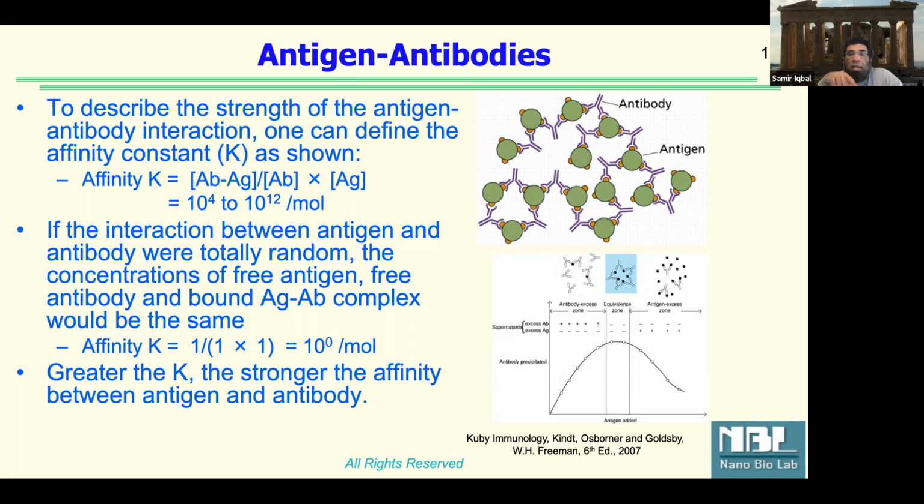But if they bind specifically, we have a very huge number per mole. A mole is Avogadro's number, so we find exactly how many moles there are. So that affinity constant tells us that if it's a big number, the affinity between those two molecules is higher, which means they would strongly bind to each other.